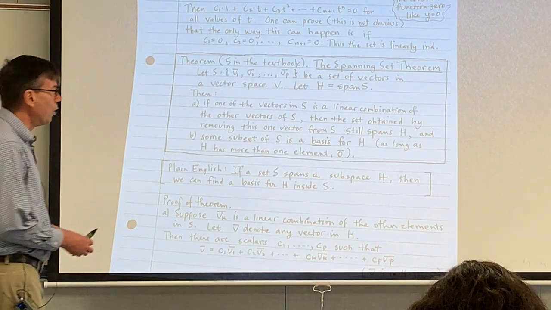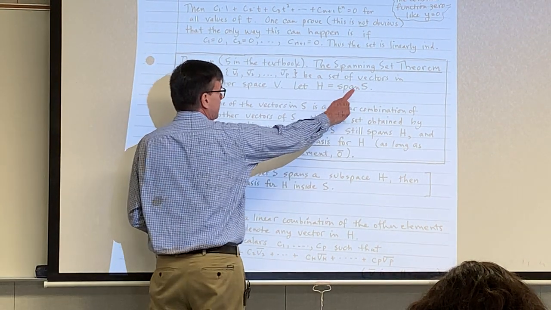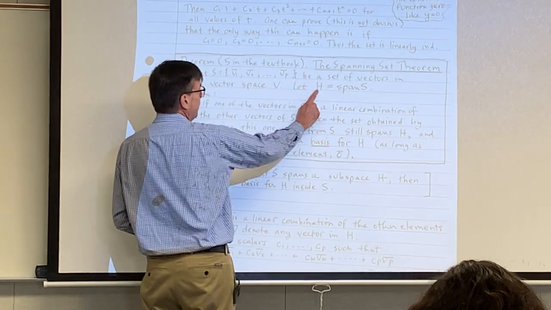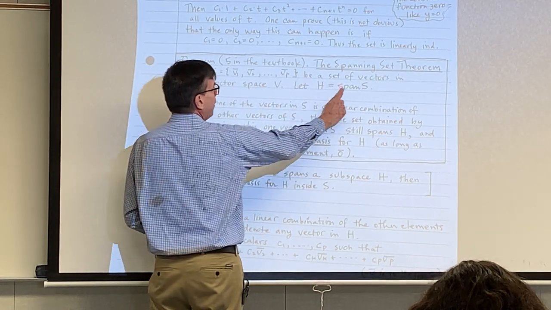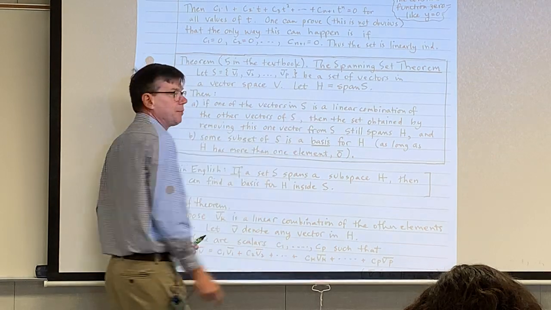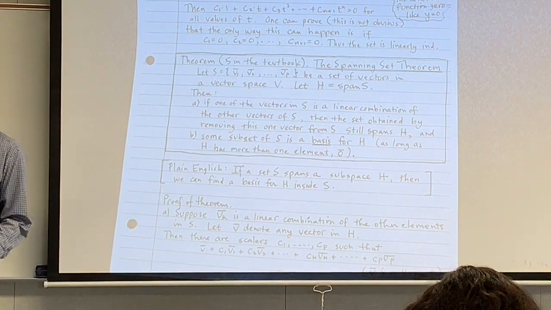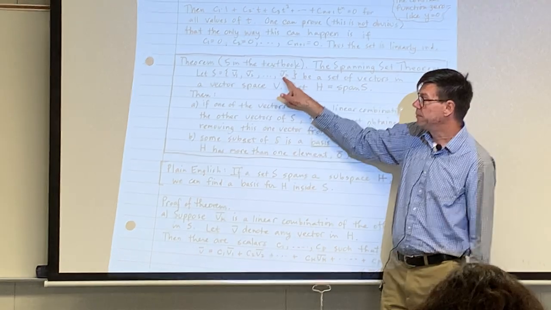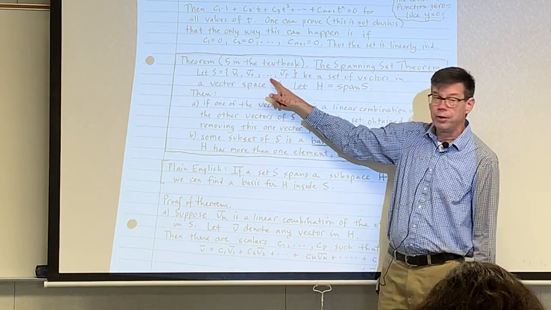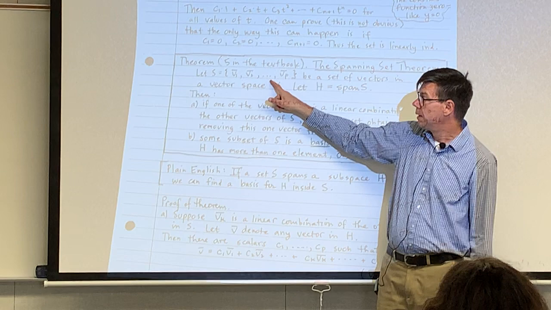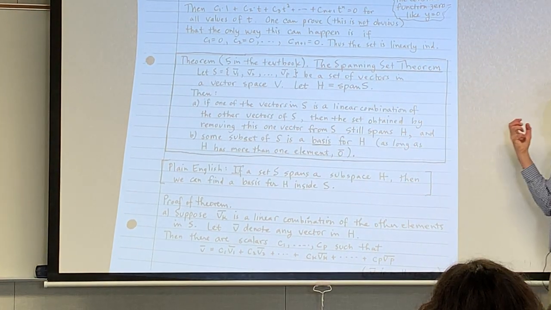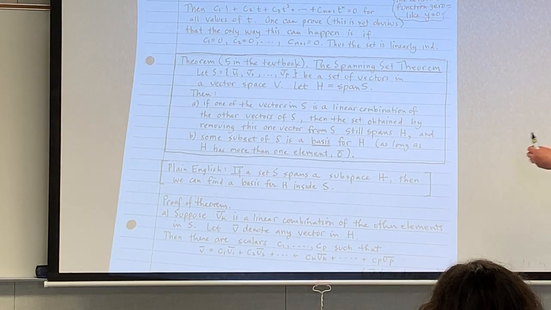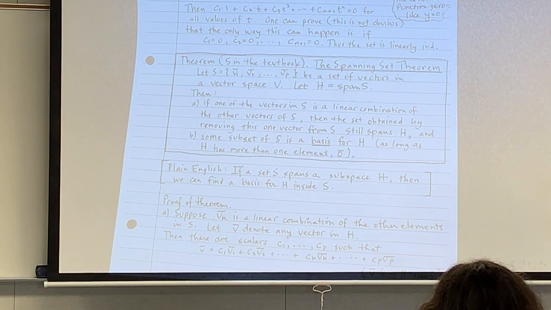All right? So we know the set spans H. That's what H is. We have this set of vectors. All linear combinations give us a subspace H. And we're saying if one of them, say the last one, is a linear combination of some of the others, then I can remove that last one, and what's left still spans the same set, right?